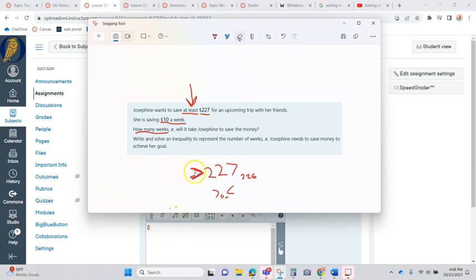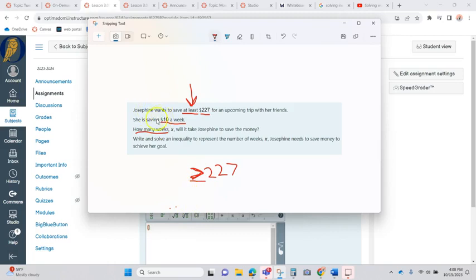If something costs $227 and you earn $227, do you have at least $227? Do you have enough? Yes, you do. So it is also the or equal to.